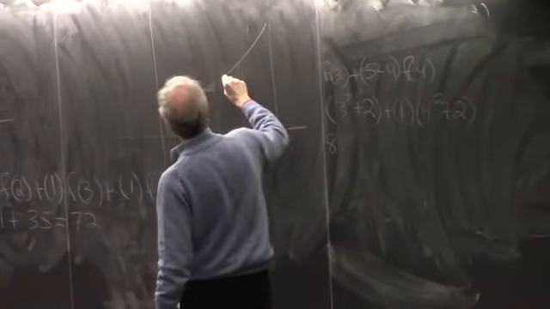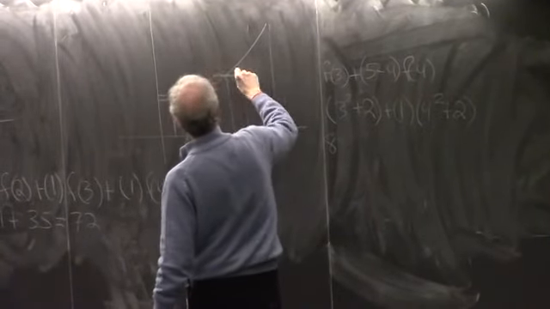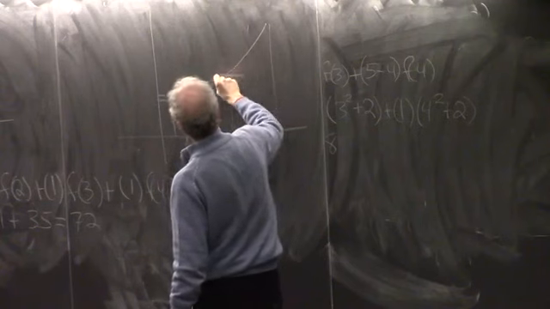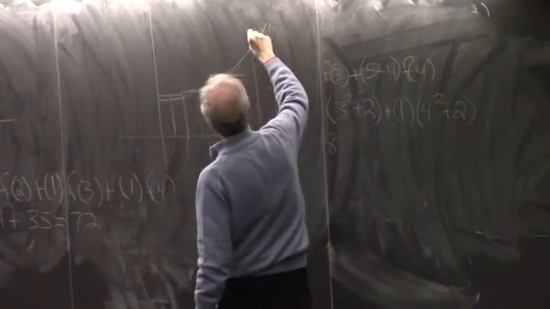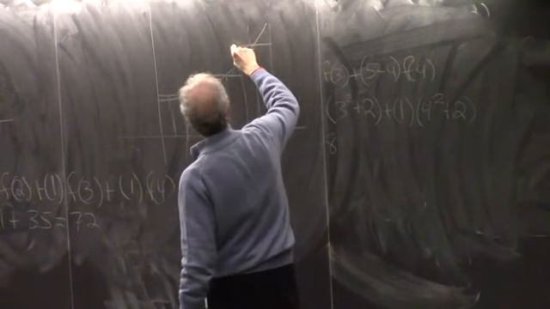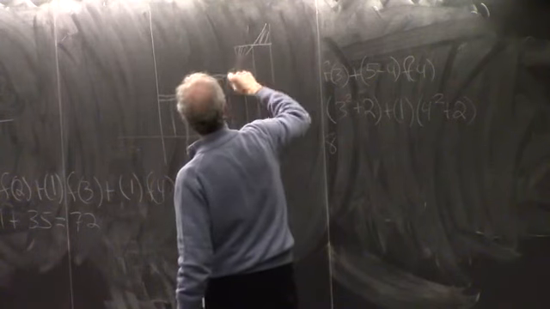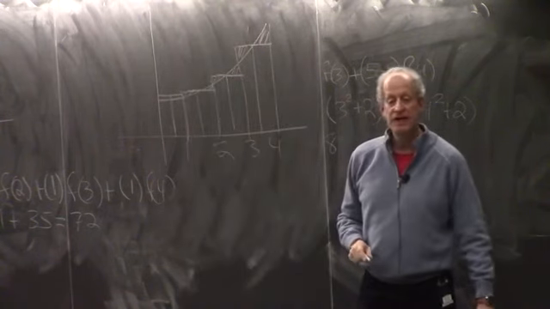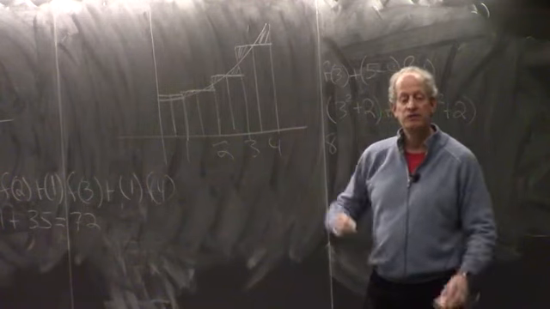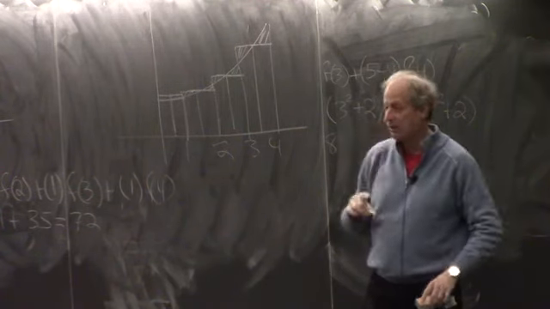So notice what happens when you go to the middle. Part of the rectangle is above the curve, and part of the rectangle is below the curve. See that? So one side is above and one side is below.